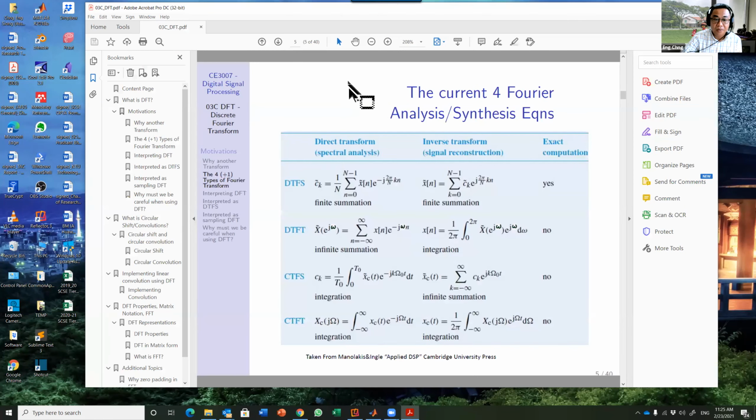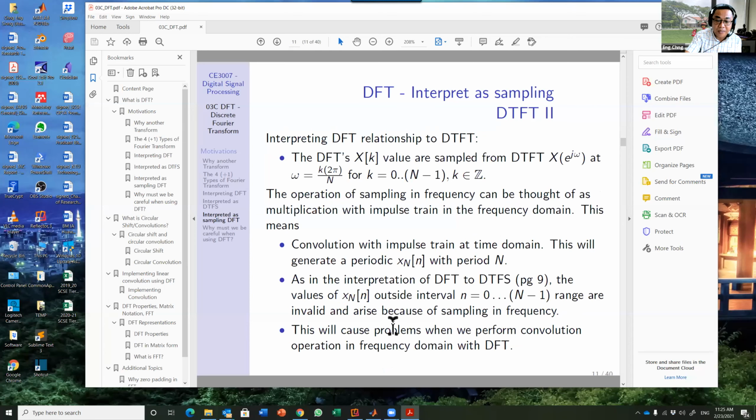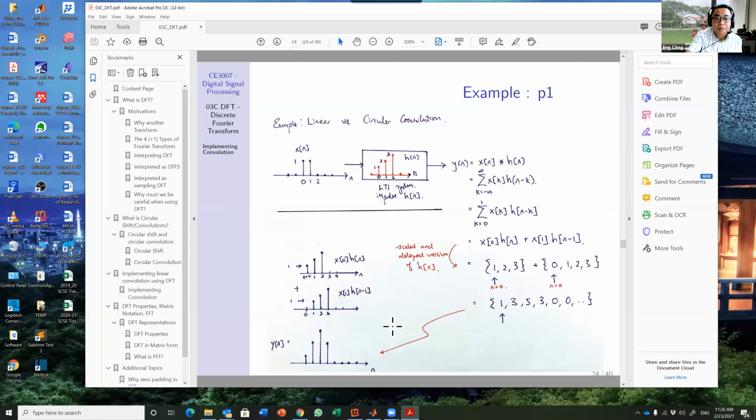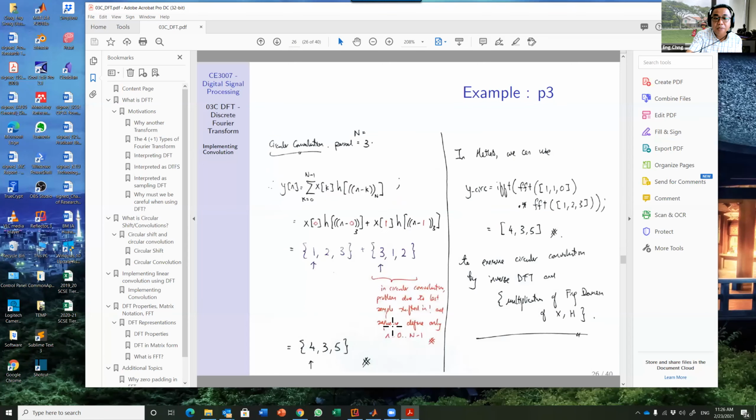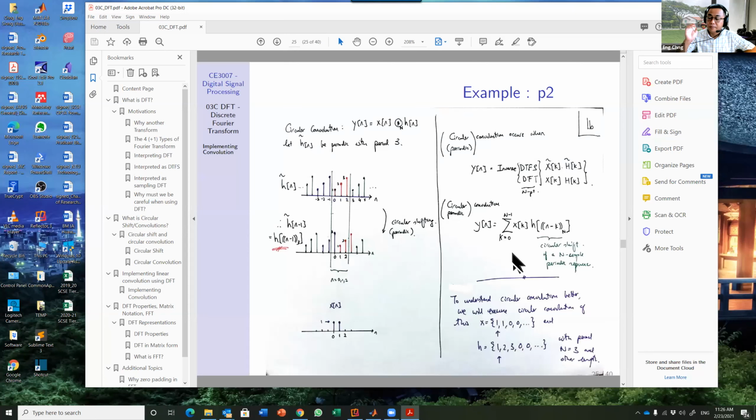So the answer is actually an essay question. You have to understand all this part to understand the relationship of the DFT and DTFS. Let me see if I can find this for you. Maybe you can interpret it here. Yep, this one. Okay, now with that, I'm going to pause.